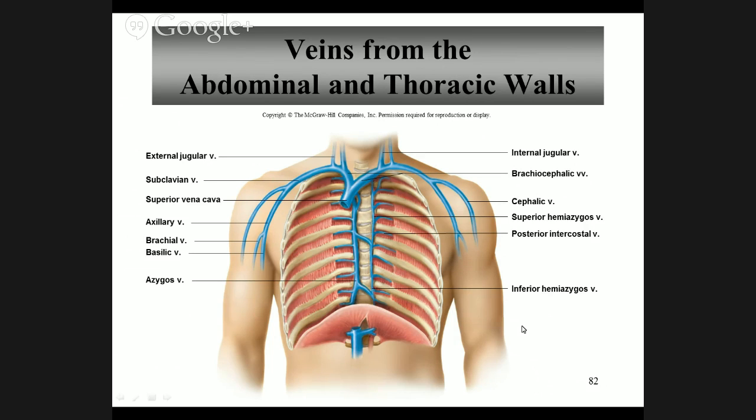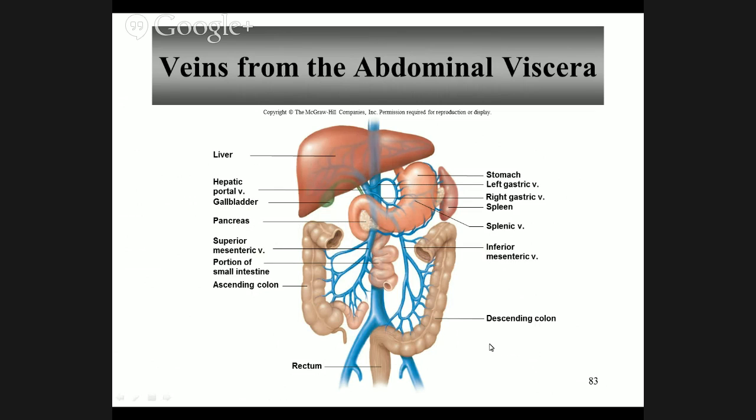And then the veins from the abdominal and thoracic walls. And the veins from the abdominal viscera. Hepatic portal vein is very important. I'm going to hear more about that.